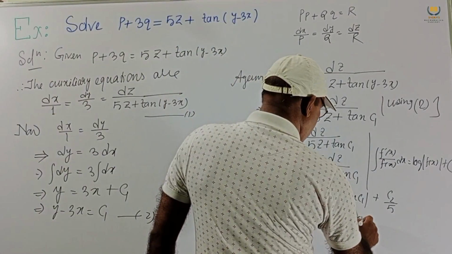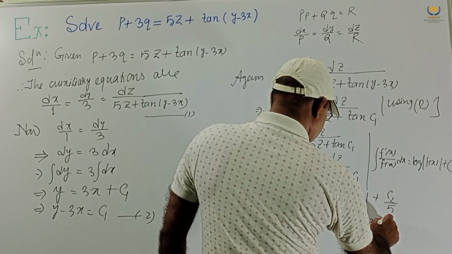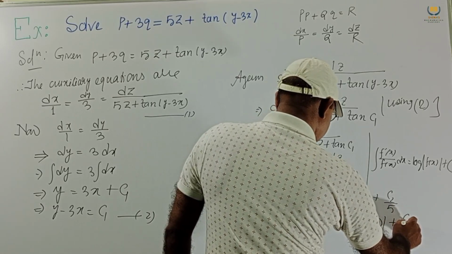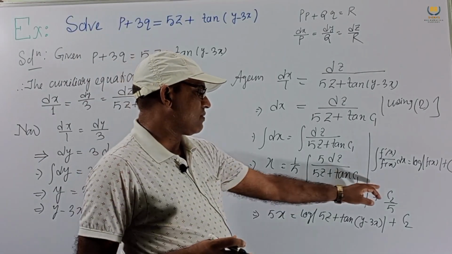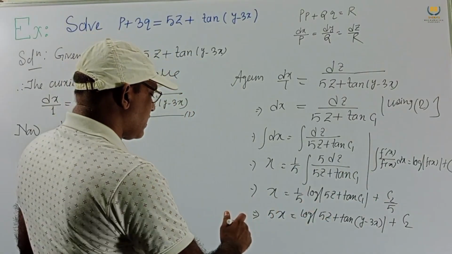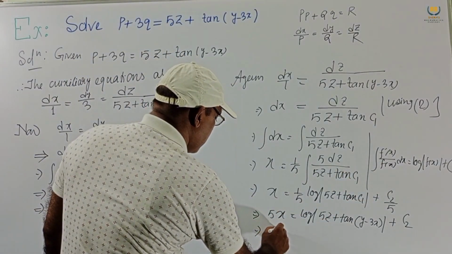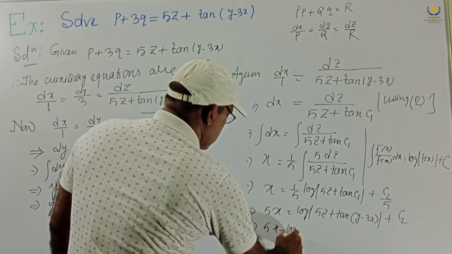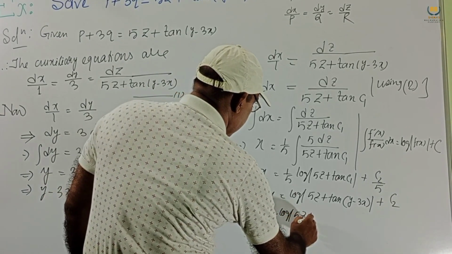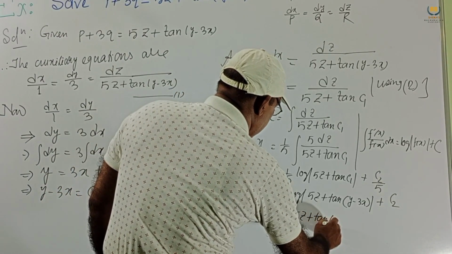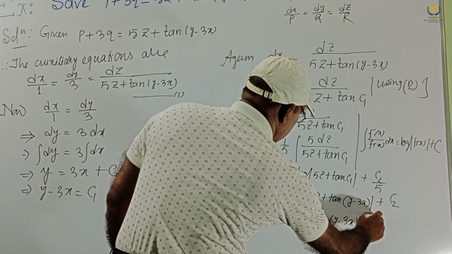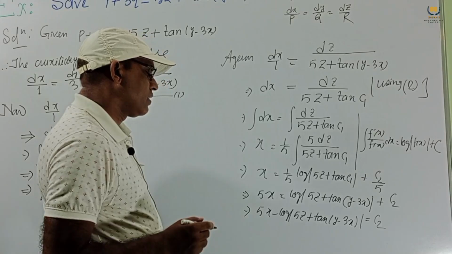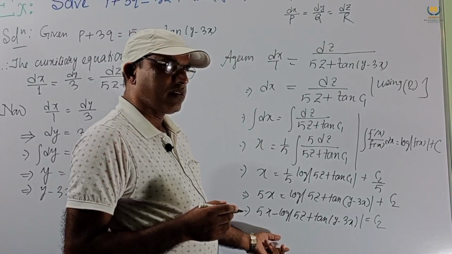Multiplying both sides by 5, taking the log term to the left hand side, 5x minus log 5z plus 10 times y minus thrice x equals c2. We get this.